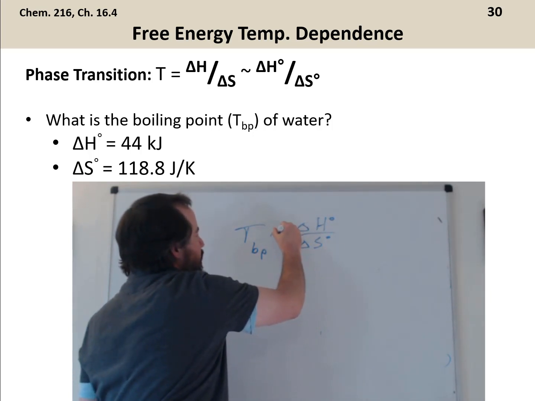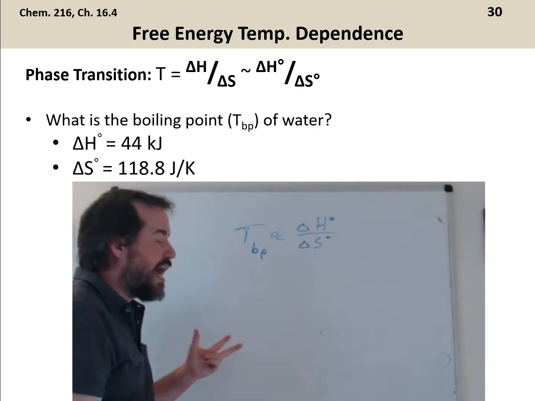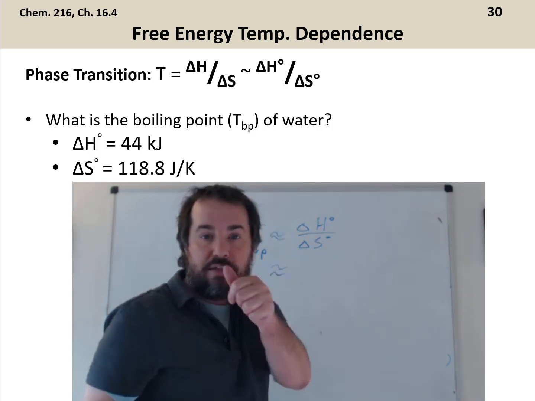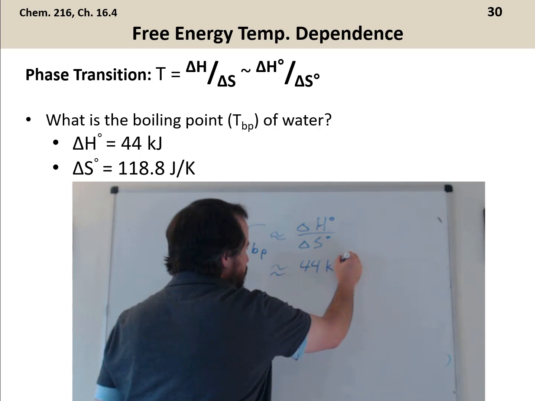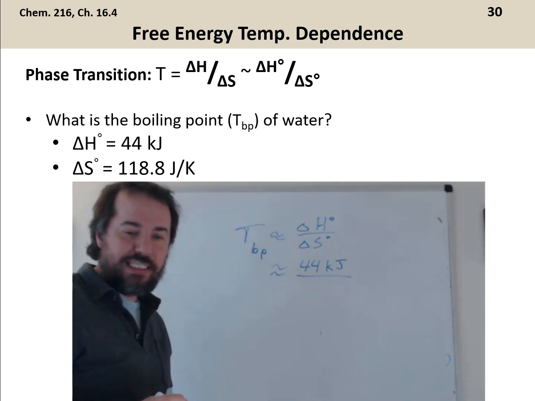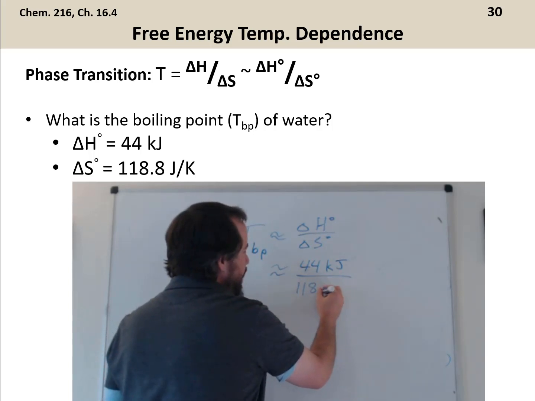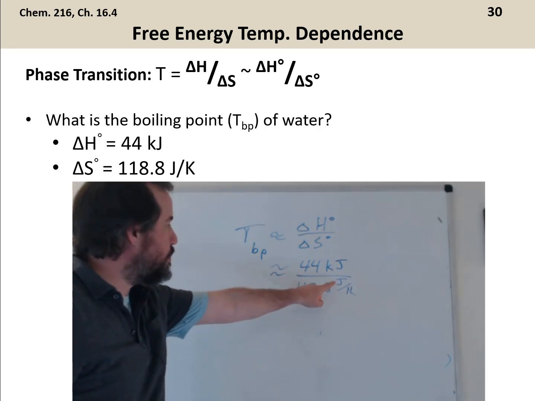And I can approximate it by it. It's not going to be exact, but it's going to be close enough. All right, so my delta H is 44 kilojoules, and my delta S is 118.8 joules per K.